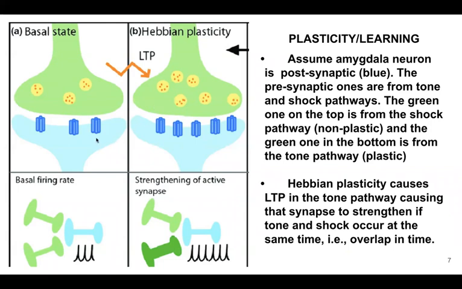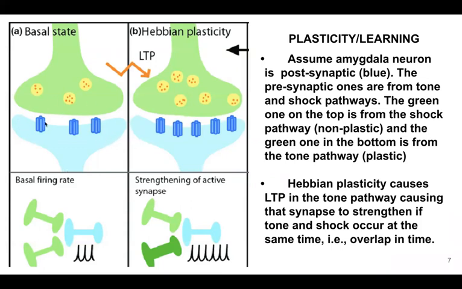The green one on the top is from the shock pathway, which is not plastic, and the green one in the bottom is from the tone pathway, which is plastic. So Hebbian plasticity causes long-term potentiation, causing that synapse to strengthen if tone and shock occur and overlap in time.